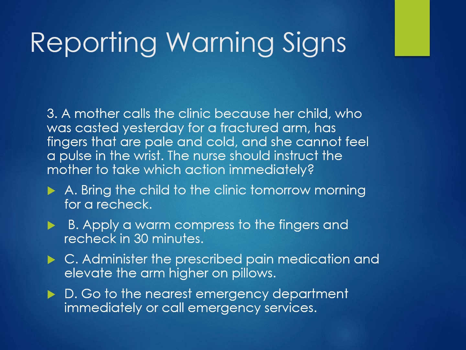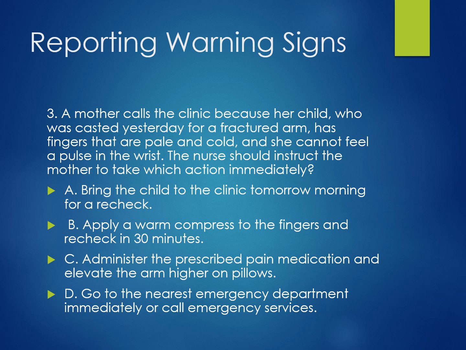So this has to do with warning signs. A mother calls the clinic because her child, who was casted yesterday for a fractured arm, has fingers that are pale and cold, which have to do with pallor and poikilothermia. And she cannot feel a pulse in the wrist, which is pulselessness. The nurse should instruct the mother to take which action immediately?